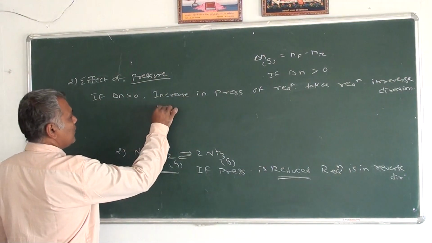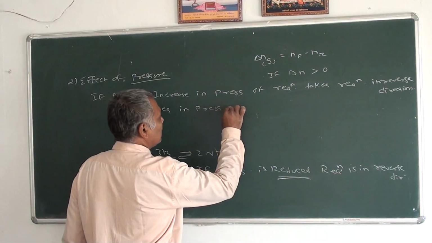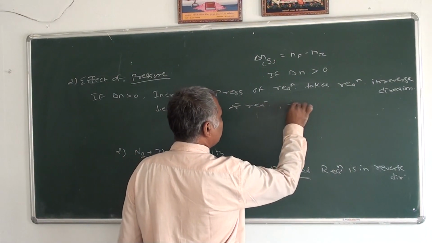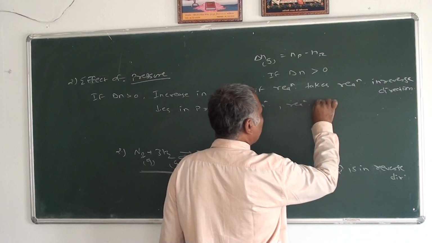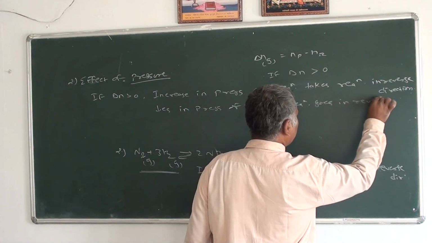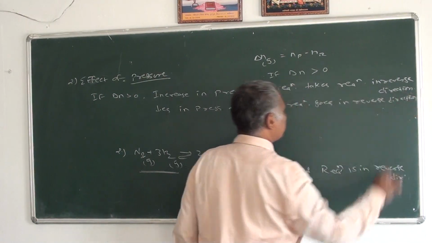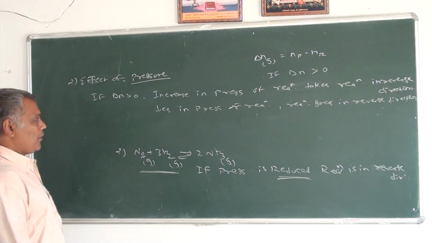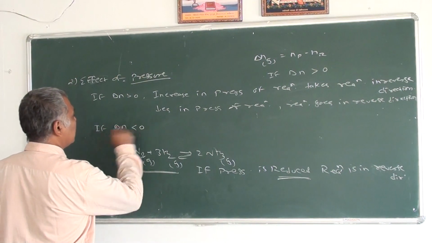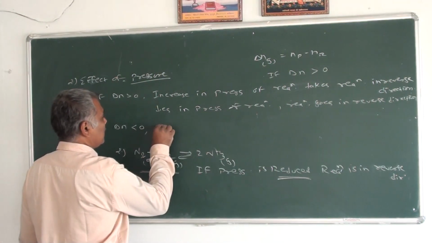And decreasing the pressure of the reaction goes in the forward direction, right? Similarly, if Δn is less than 0, then what will happen? Vice versa.